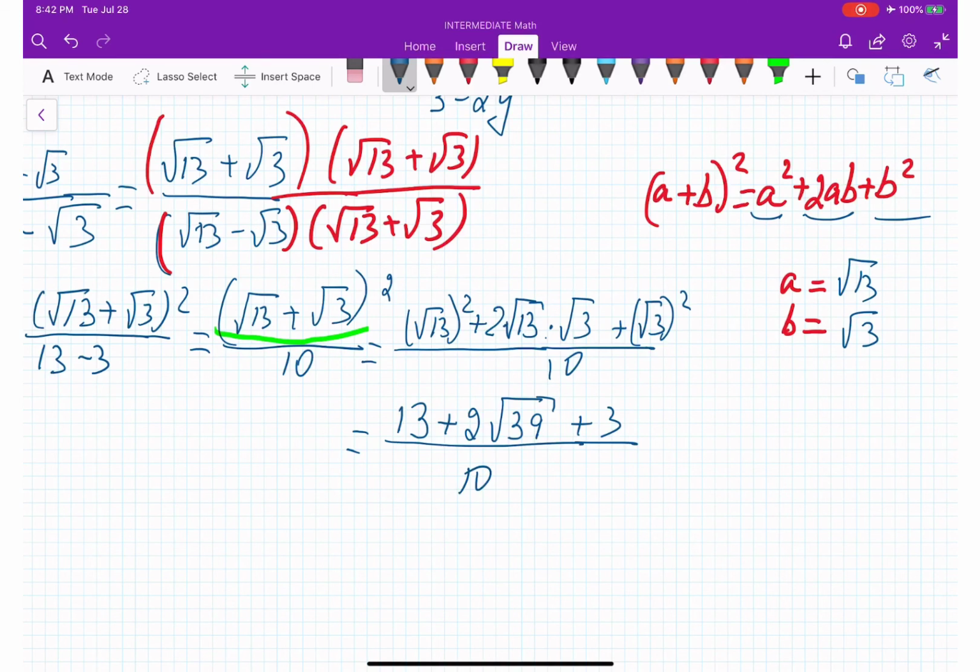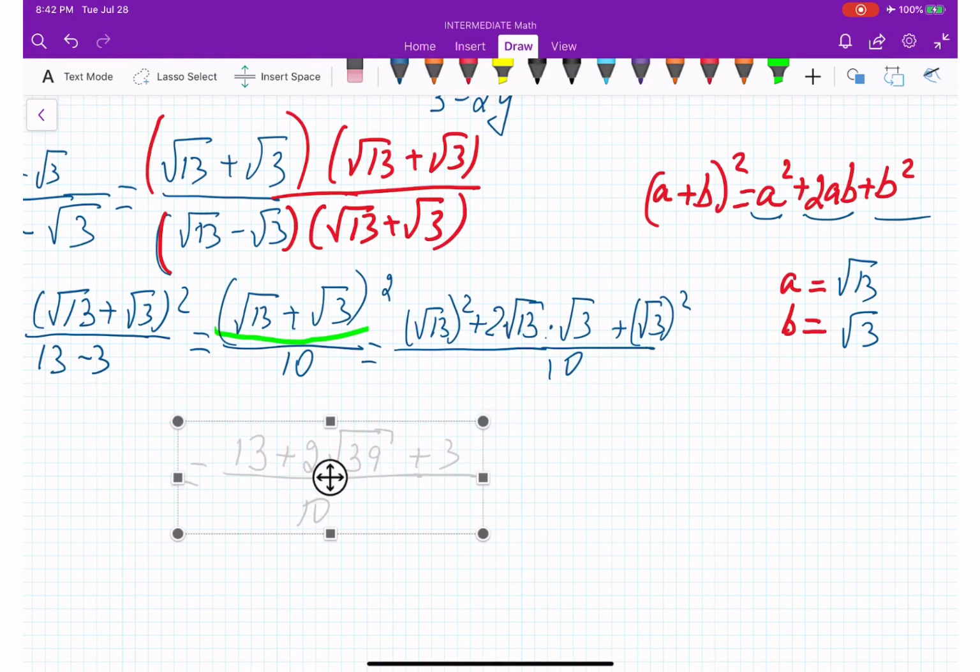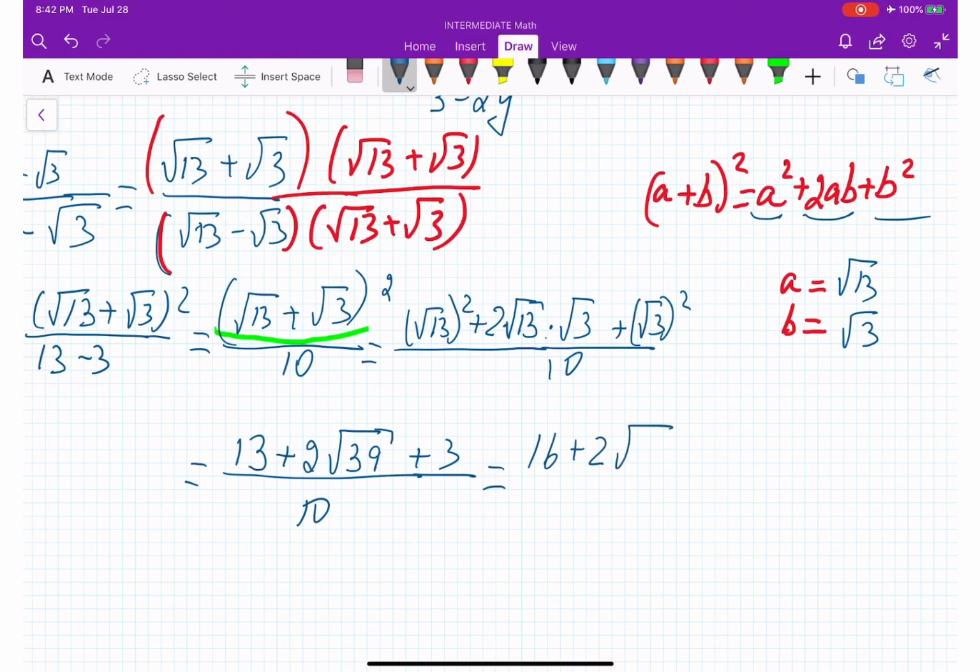And as a result, we are going to get 13 plus 3 is 16, plus 2 square root 39 over 10. These two are like terms, 13 and 3.